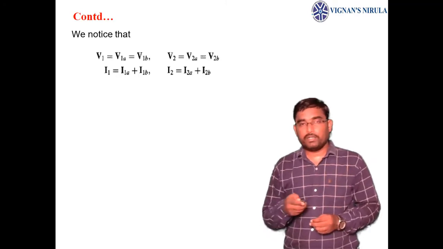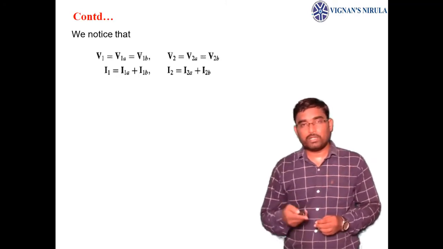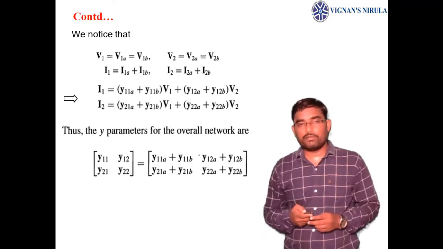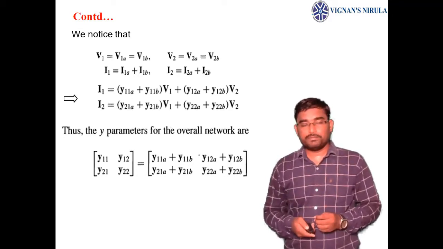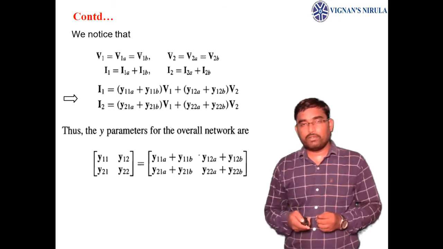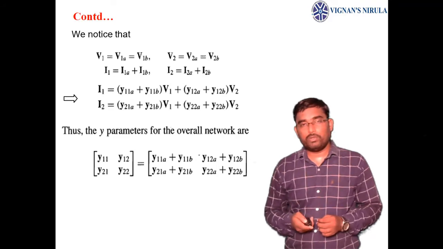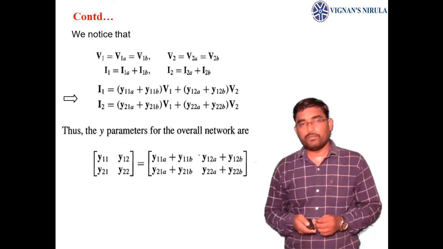Now by putting these relations in the above set of equations, and adding those set of equations, we will get I1 as Y11A plus Y11B into V1 plus Y12A plus Y12B into V2, and I2 equals Y21A plus Y21B into V1 plus Y22A plus Y22B into V2.